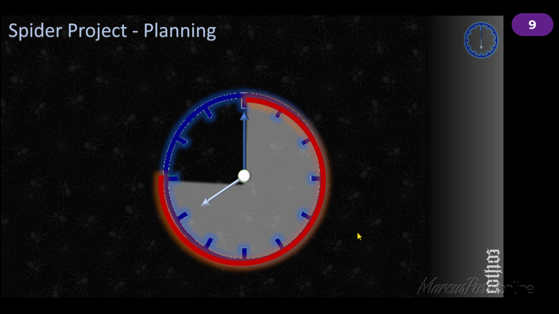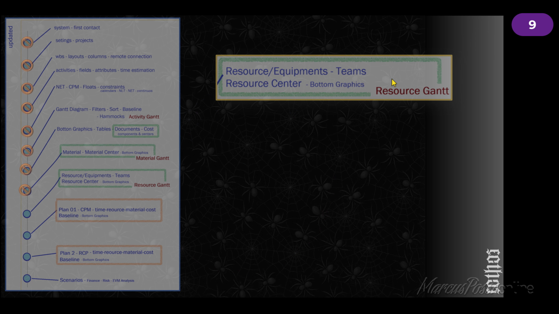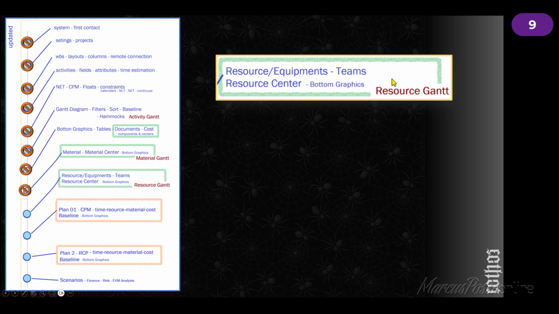Today is the last resource day. Not the easy one, but the last one. We have to discern about resource, the resource center, but which kind of resource? The labor resource, the workman, and equipment.